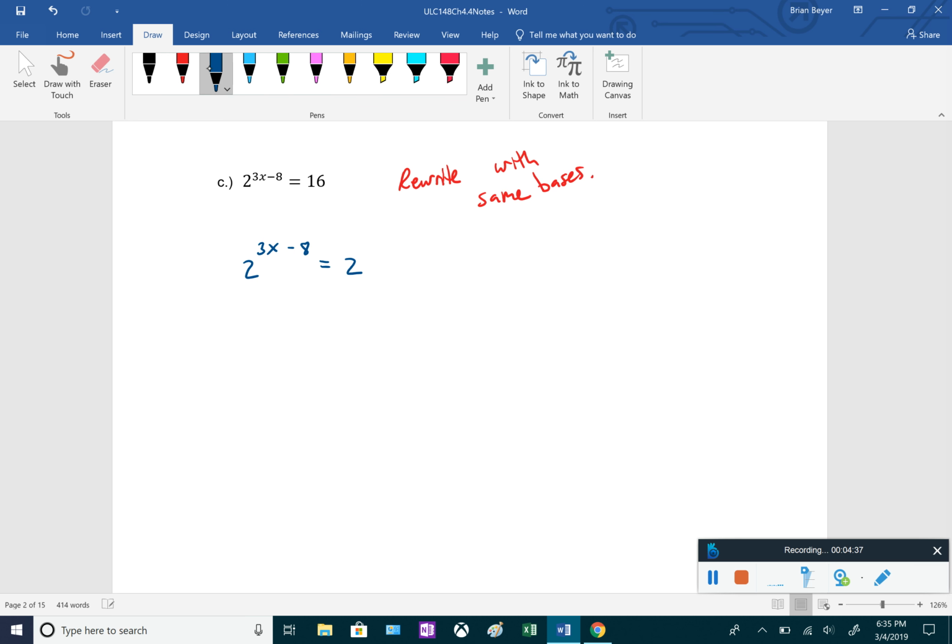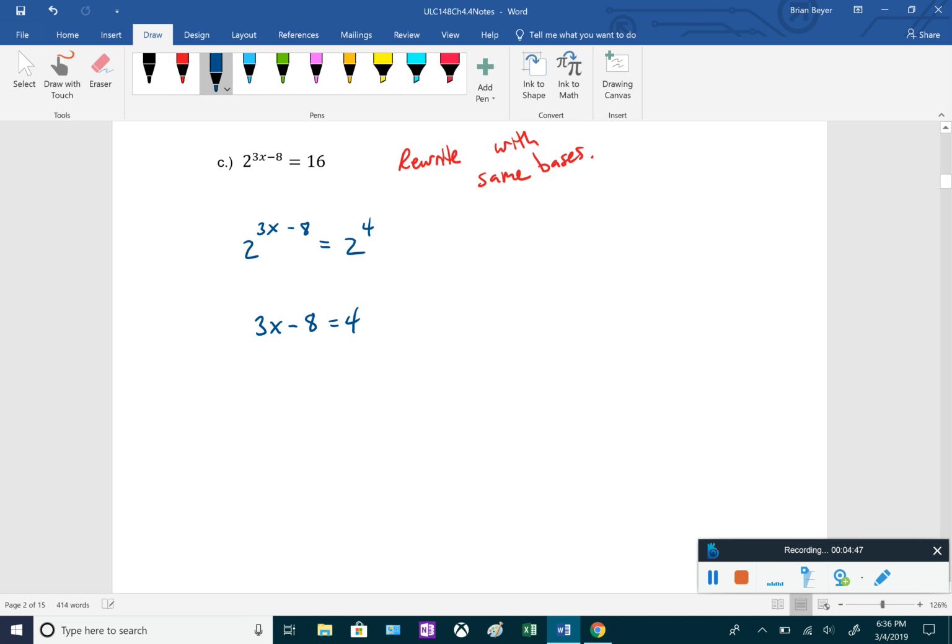We can rewrite 16 as 2 to the 4th. Now that they have the same bases, we can equate the exponents. We have a nice little linear equation. We add 8 on both sides. We get 3x equals 12. Divide both sides by 3. We get x equals 4.